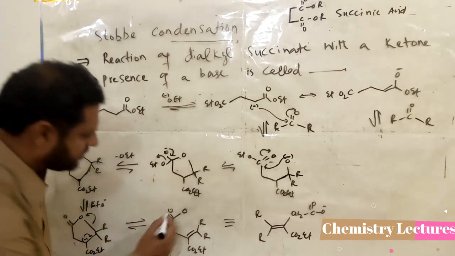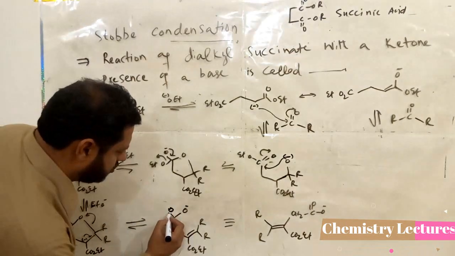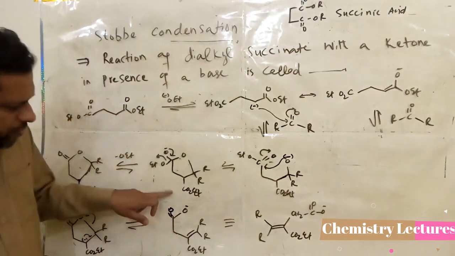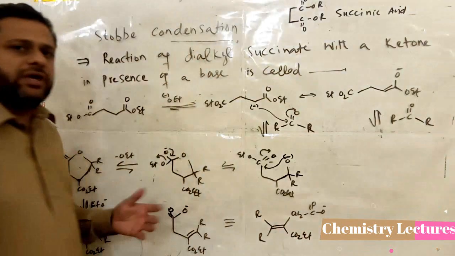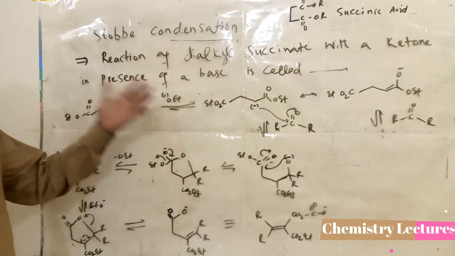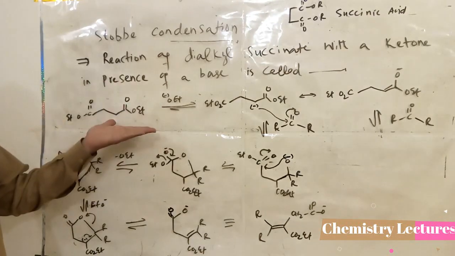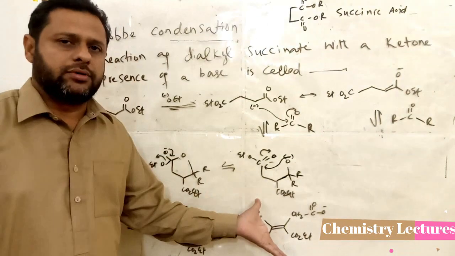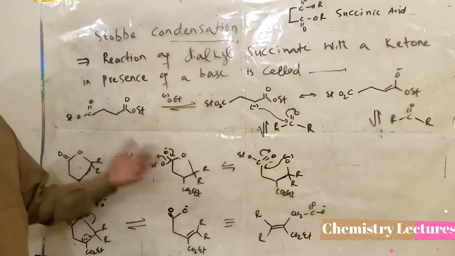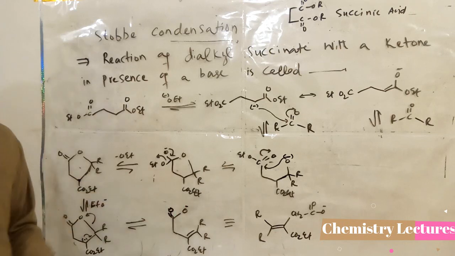We have a COO negative charge here, so we have a carboxylic group, and we can write this compound over here. In this way, when a dialkyl succinate reacts with a ketone in the presence of a base, this type of product is formed. This is called the Stobbe condensation, the first part of the Stobbe condensation.